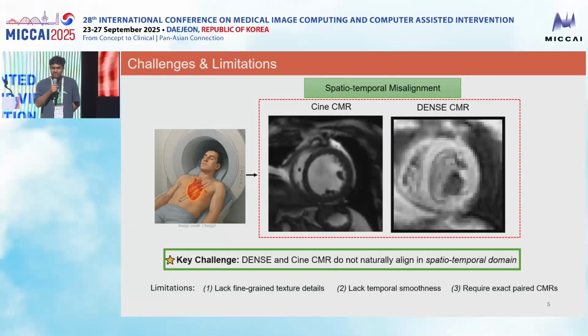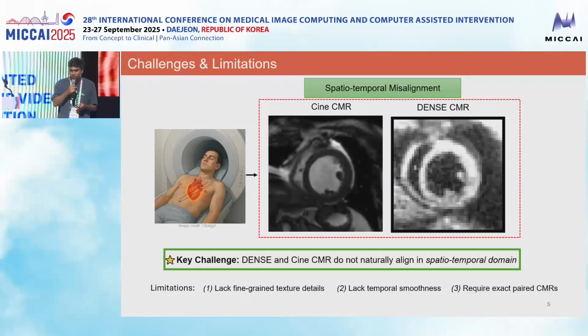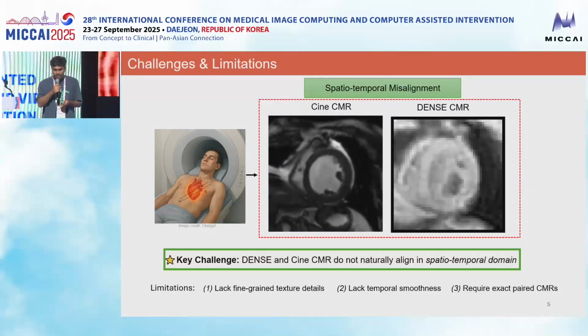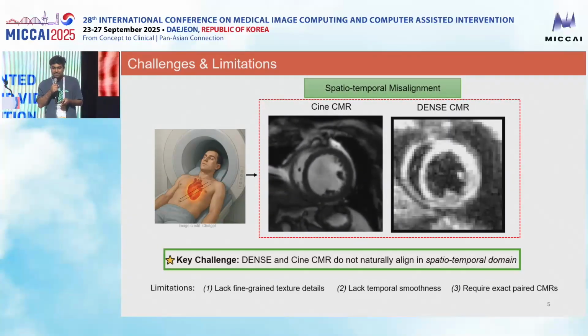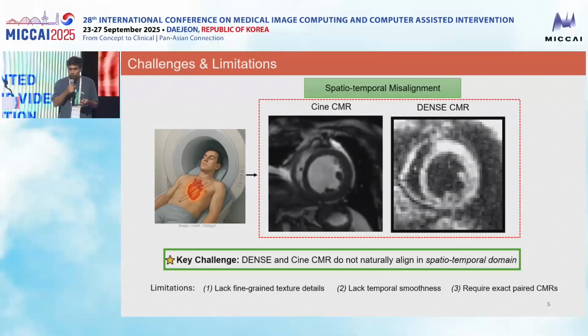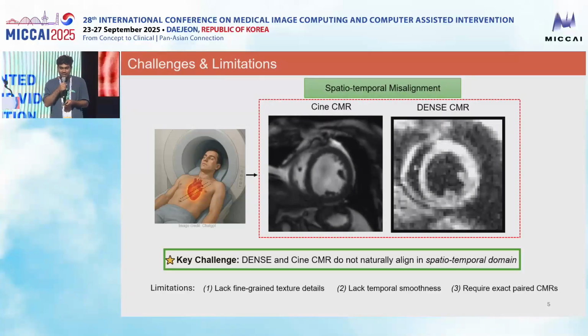This is because cine and DENSE modalities have different acquisition times and acquisition protocols. And current diffusion-based models actually require exact cine and DENSE pairs, which you don't have in practical situations, because cine and DENSE form spatio-temporal misalignments.